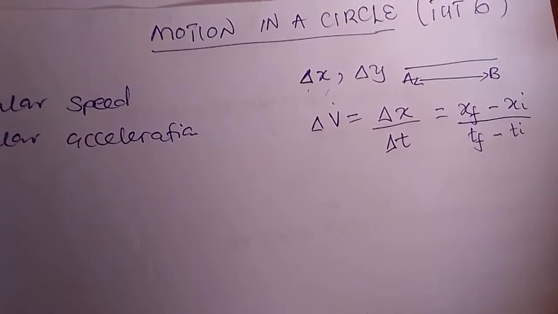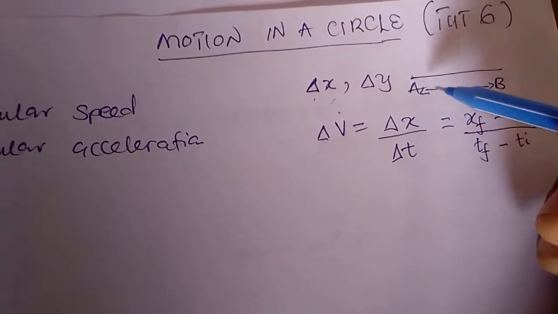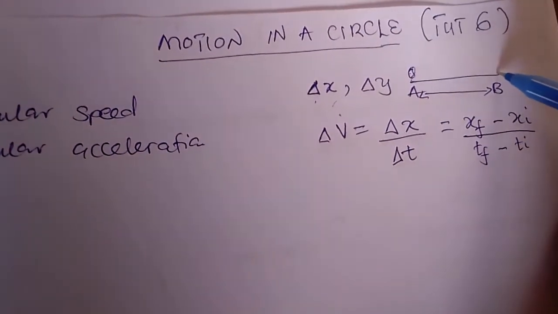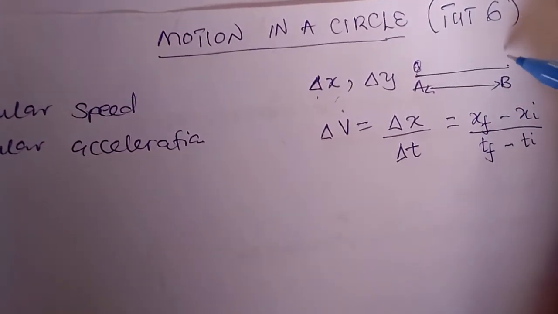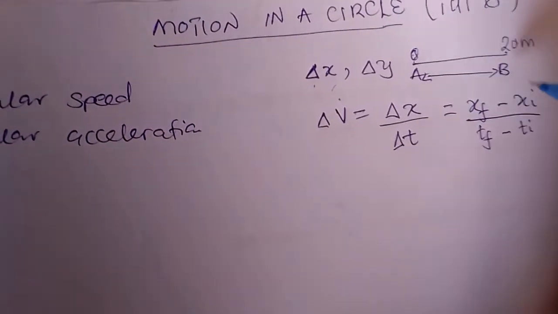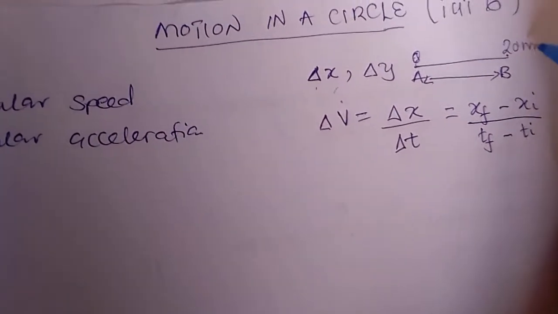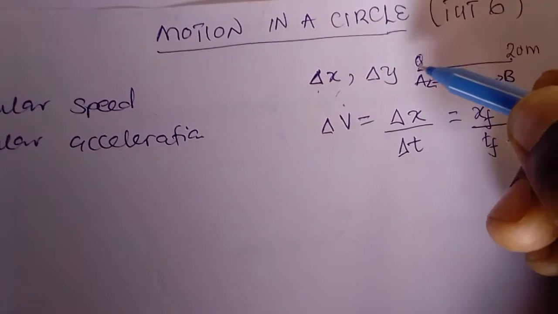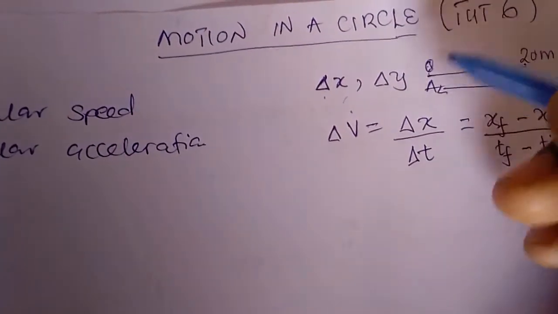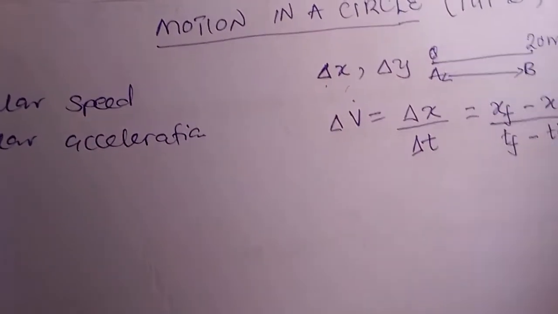If we start from point A, take A as 0, and move to point B, which is, let's say, 20 meters, then the displacement is 20 minus 0, which gives us 20 meters.